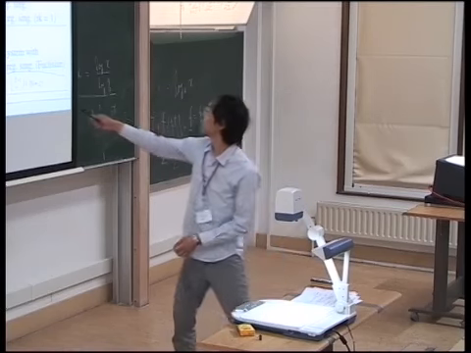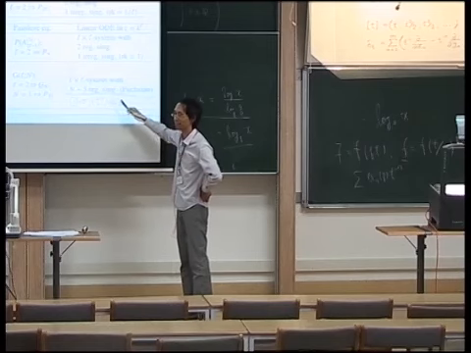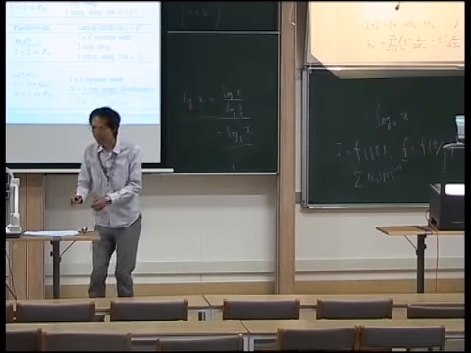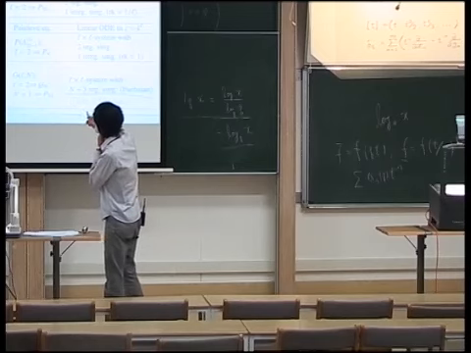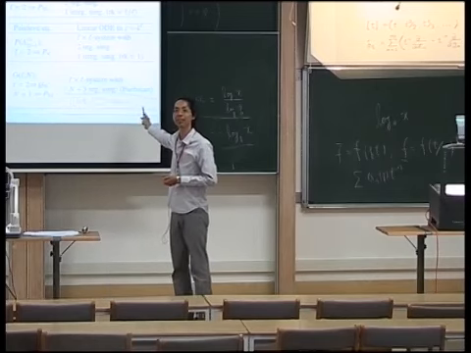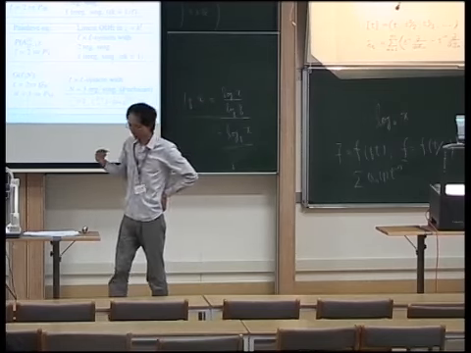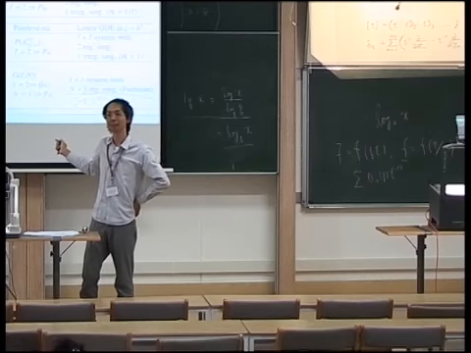So this means all the exponents are distinct. And in this case, L minus 1 exponents are the same value, and 1 is distinct. So in the L equal 2 case, this is the general Schlesinger system. But if L is more than 3, it's a subfamily of the Schlesinger systems.